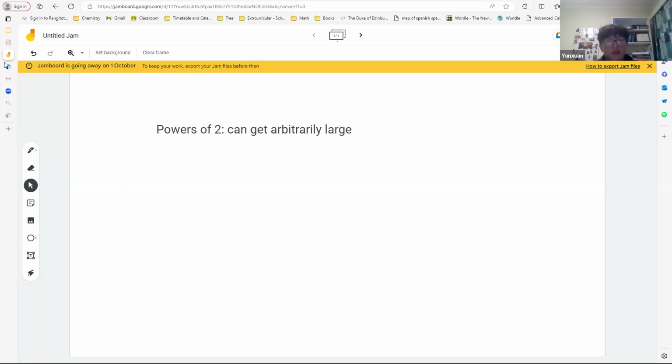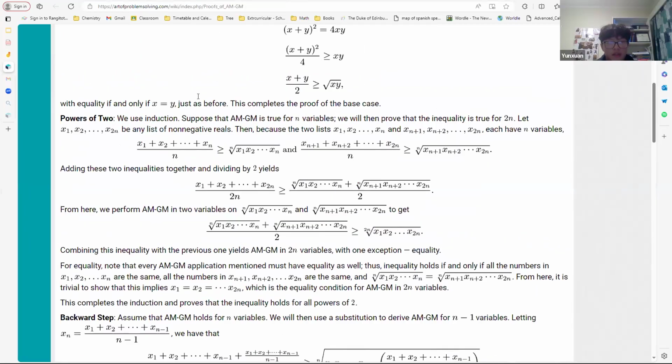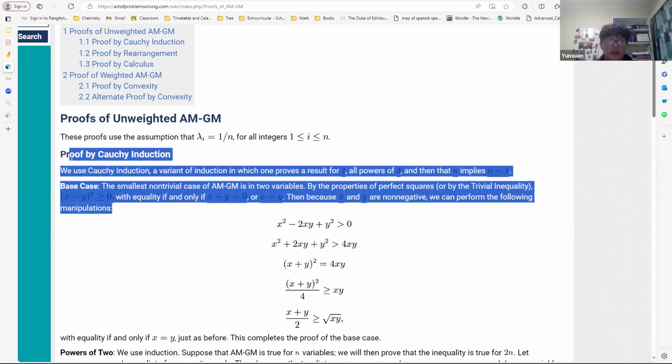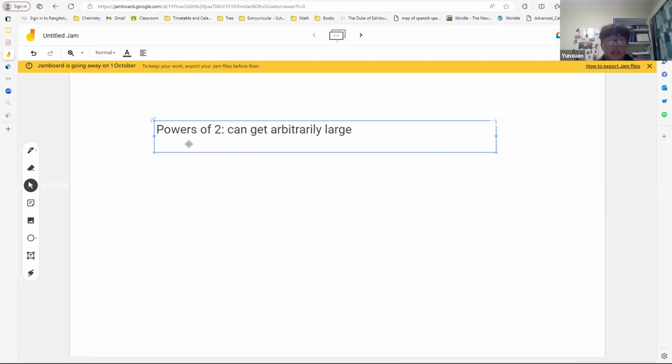And another thing is that we want to prove this is true for all positive integers, which would be just finishing the problem if we could do that. But unfortunately, we can't directly prove that, which means we just go through powers of 2 first. Because this is not fully solving the problem, but then we can solve the problem by doing a backward step. So this can get us an arbitrarily large integer.